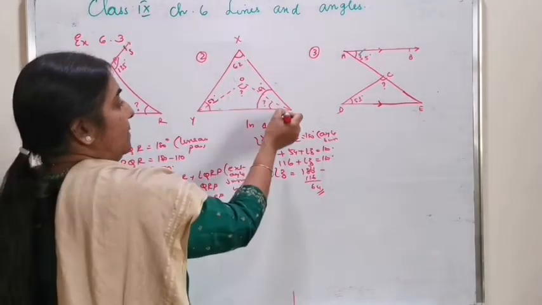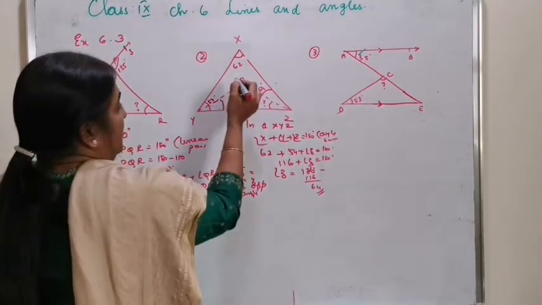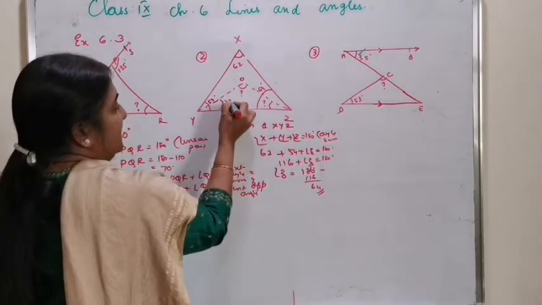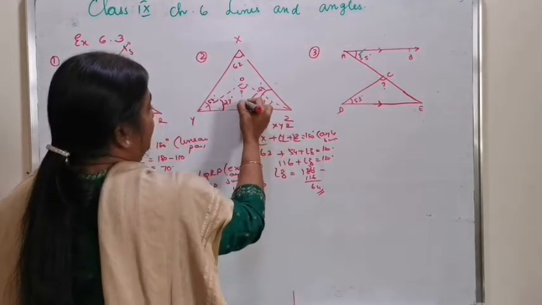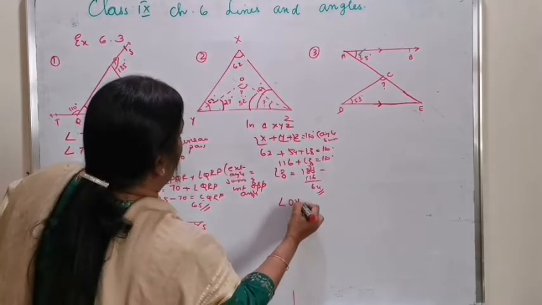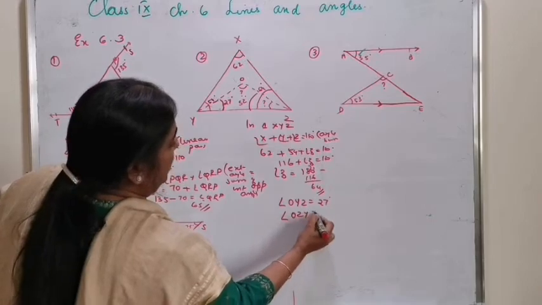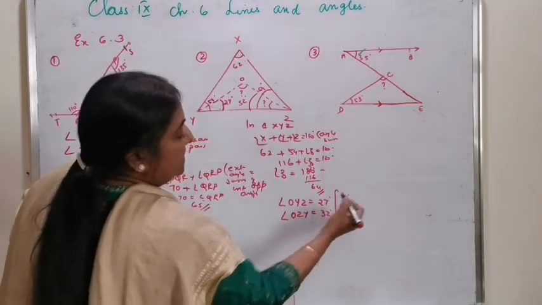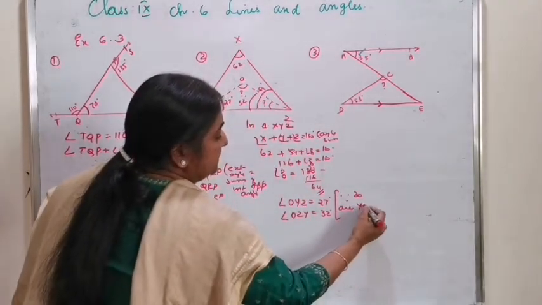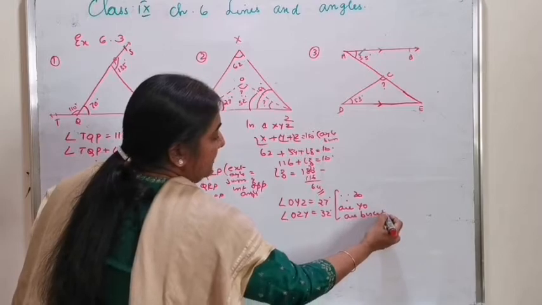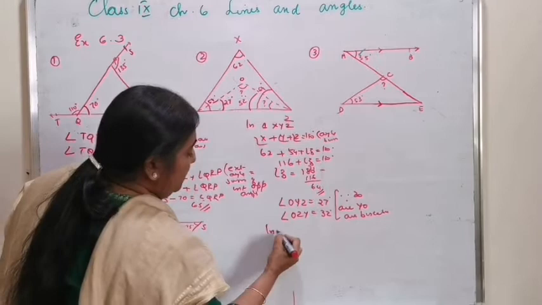Now, YO and ZO are bisectors, which shows that angle OYZ is 27, angle OZY is 32. You can write it: angle OYZ is equal to 27 degree, angle OZY is equal to 32 degree, since YO and ZO are bisectors. Again, you can apply angle sum property in triangle YOZ.